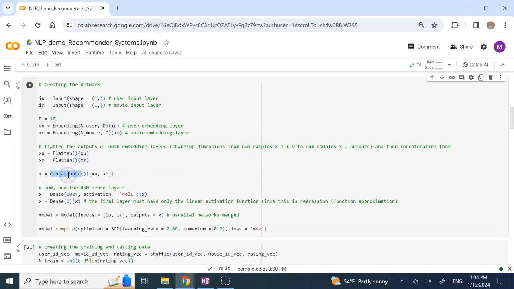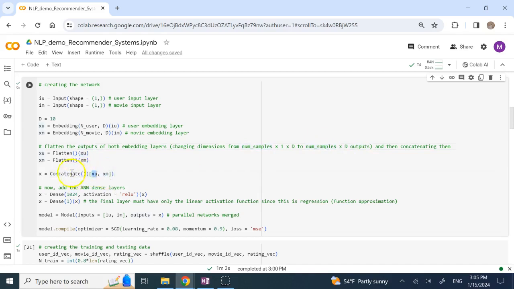Concatenate expects that the 2 inputs you pass to it are basically 2-dimensional matrices, not 3-dimensional. So you need to get rid of this extra dimension of 1, and that's what this flatten layer does for you. So you get rid of them, and then now you can pass these 2-dimensional results to concatenate.